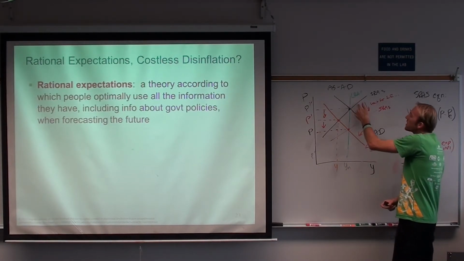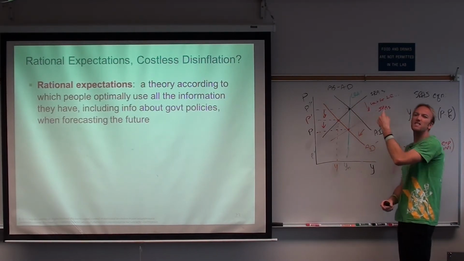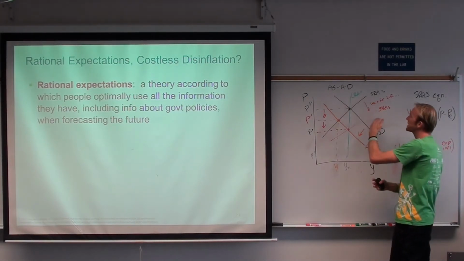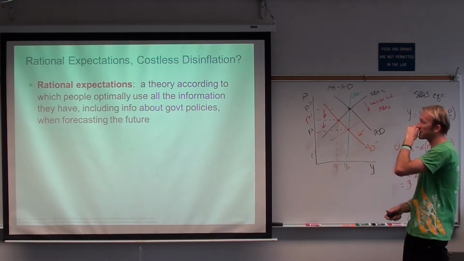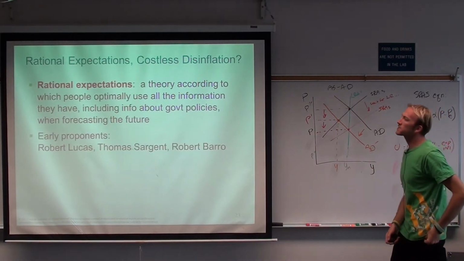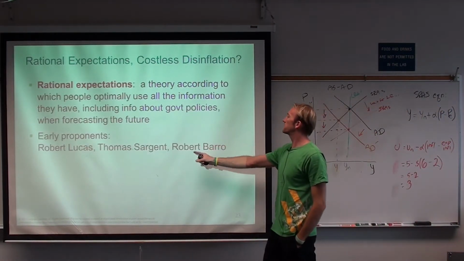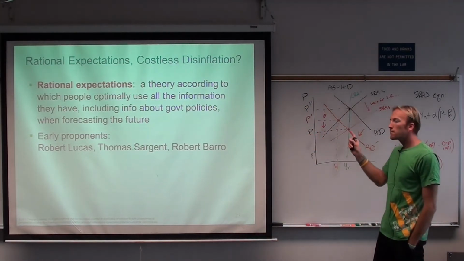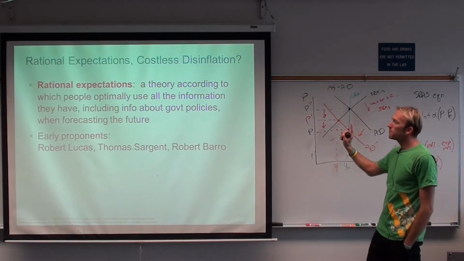Because the only reason we wait for the long run is sticky prices, sticky wages, and general confusion about what's going on. It just takes a long time for the SRAS curve to come back, to come to the right, right? And so Robert Lucas, Thomas Sargent, and Robert Barro said, yes, it takes a long time for people to change their expected inflation, but they're rational.